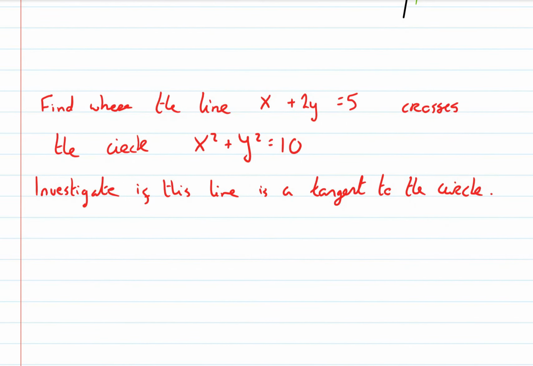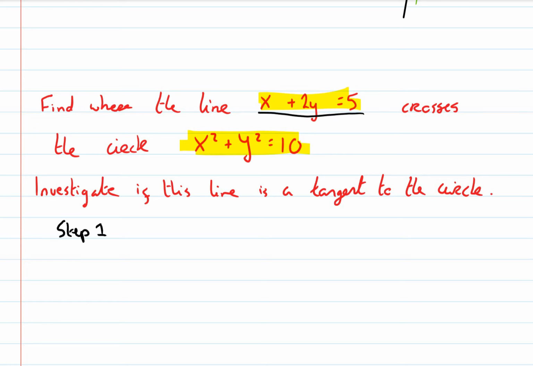Right, so an example then of a question that you might get. It says find where the line x plus 2y equals 5 crosses the circle x squared plus y squared equals 10. Here's how I go about that. Step 1: I'll write x in terms of y in the equation of a line.